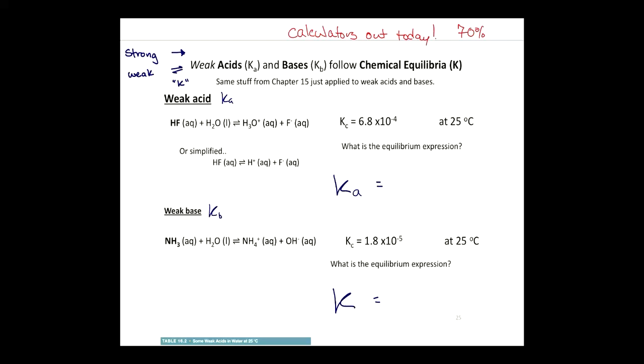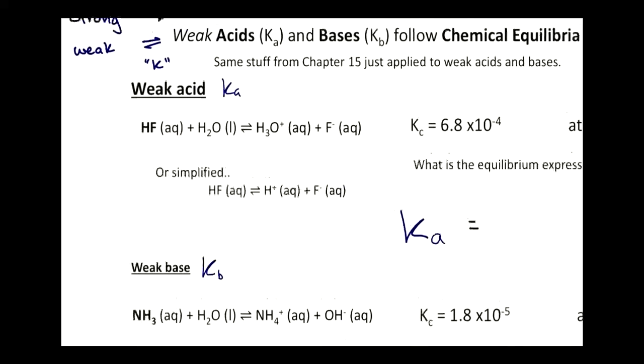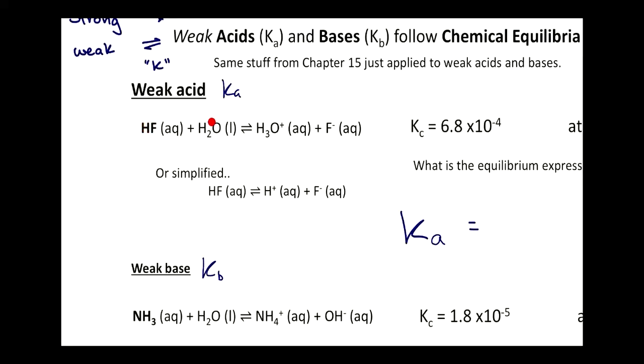So let's look at a weak acid acting as a weak acid. Just like a strong acid, if you put something like HF into water, we see that it ionizes into its cation and anion. So here, HF is going to donate its proton, that's what Bronsted-Lowry acids do, to water, making a hydronium cation, which is basically the acidic part where we calculate pH, and F-, this is your conjugate base.